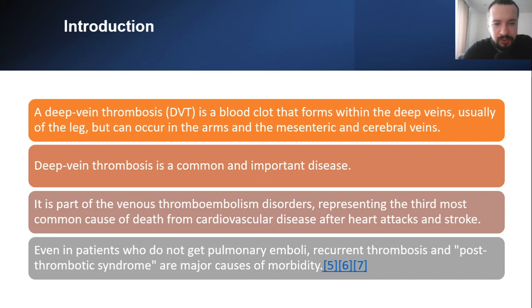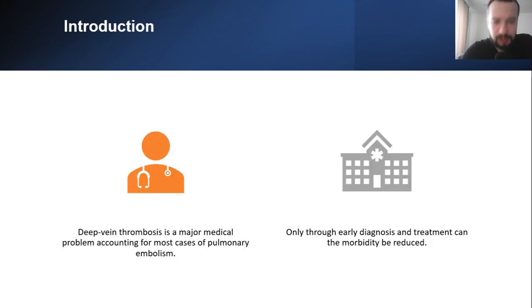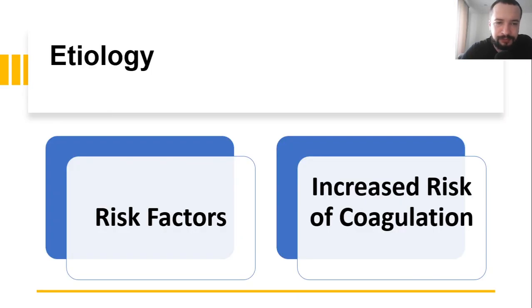Even in patients who do not get pulmonary emboli, recurrent thrombosis and post-thrombotic syndrome are major causes of morbidity. Deep vein thrombosis is a major medical problem, accounting for most cases of pulmonary embolism. Only through early diagnosis and treatment can the morbidity be reduced.